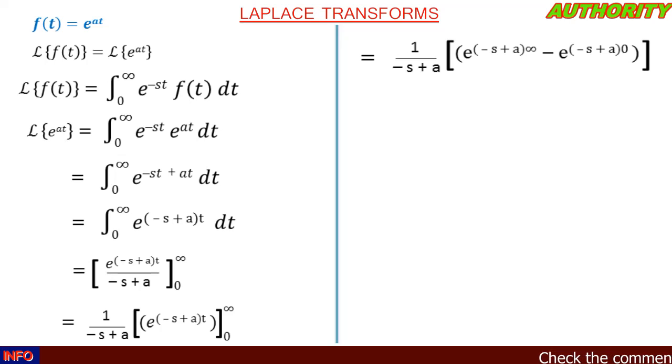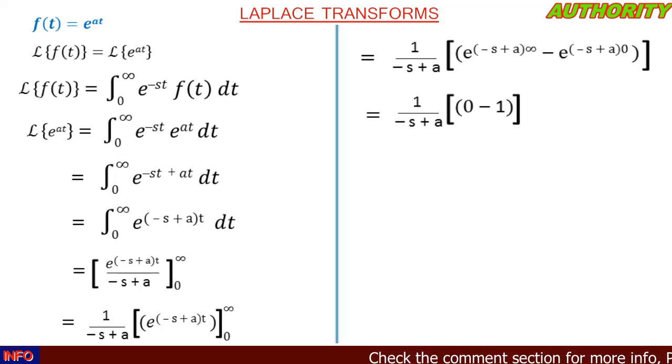So here, minus (s plus a) multiplied by infinity is going to give you 0. That is, e raised to power minus (s plus a) multiplied by infinity is going to give us 0. Then we have minus e raised to power minus (s plus a) multiplied by 0, which is going to give us 1.